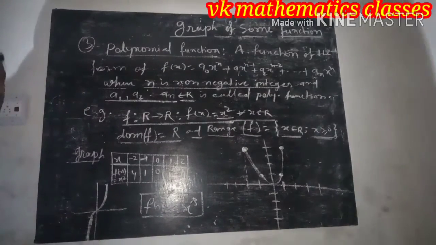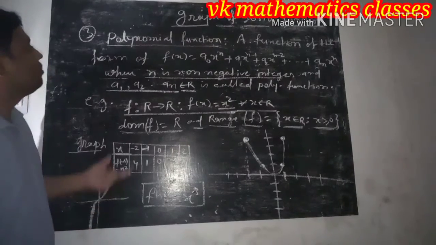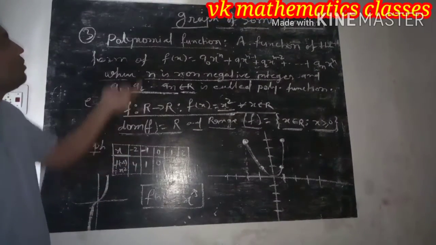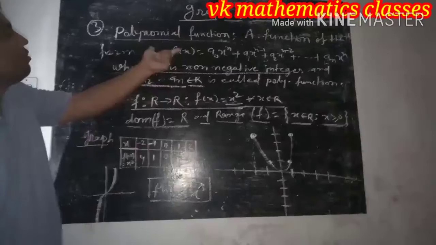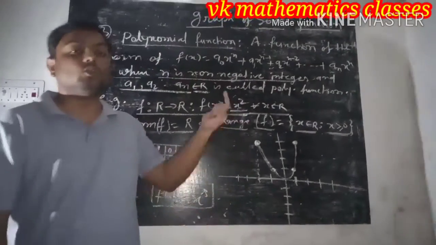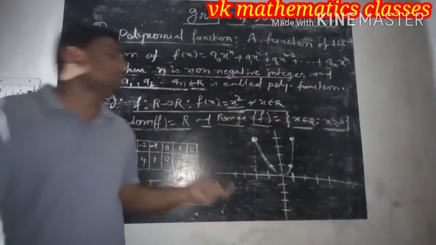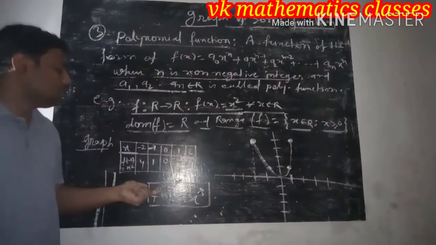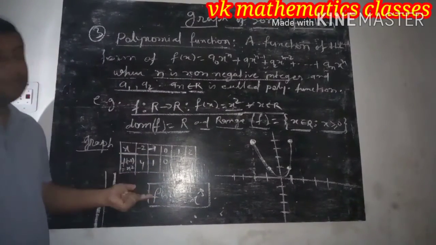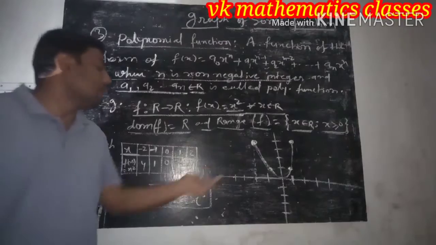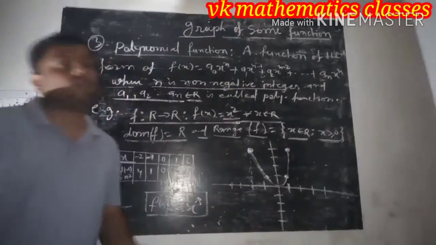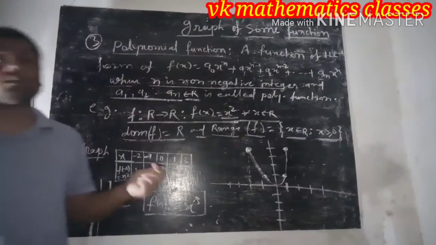We plot carefully and find the graphs of polynomial functions. So polynomials can be linear, quadratic, cubic, biquadratic. We take the variables as any real numbers and draw the graph in this process to find the graph of a polynomial function.